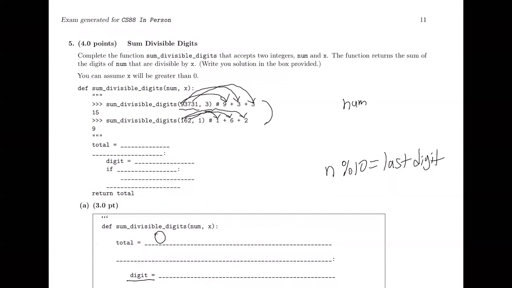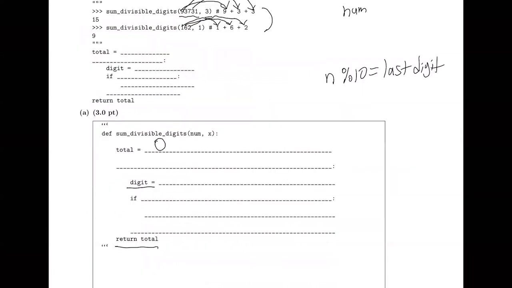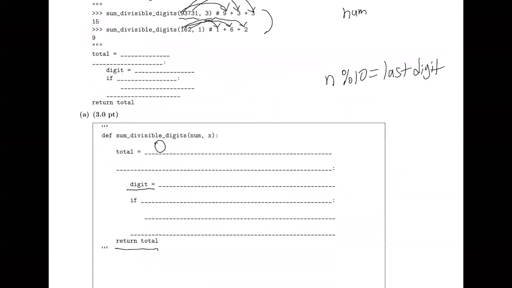To get every single digit in num, we can use num mod 10, because that will get the last digit of the current number, and we can iterate through every single digit inside of num. Because it's called digit, we can assume that we want to get the last digit of the number in this case.